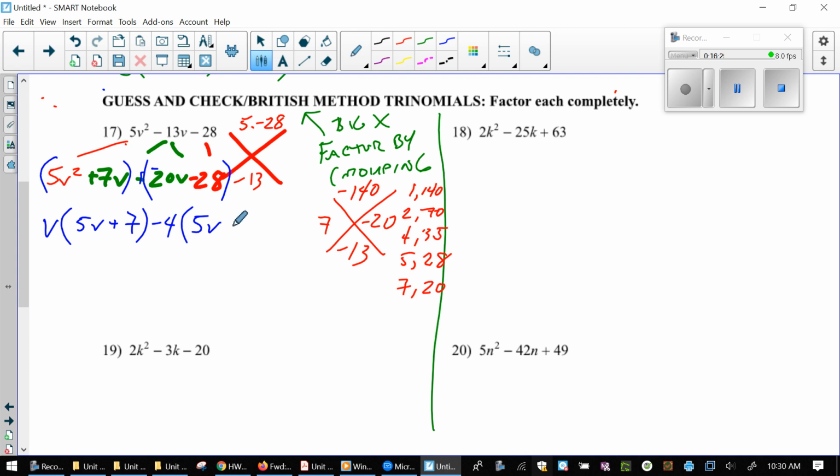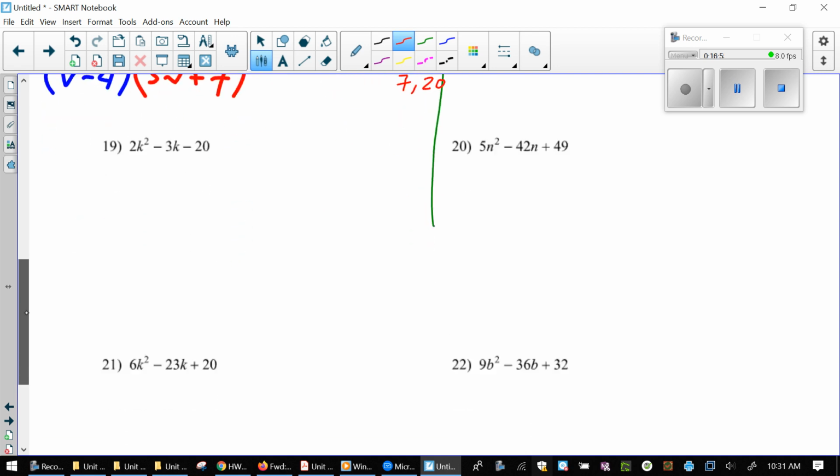So negative 4 times positive 5v, negative 4 times positive 7 gives us negative 28. And now we can see again, this is what we need. Those need to be exactly the same. Then what we have on the outside, what we factored out, is our first binomial. And what we have on the inside is our second binomial. And there we have it.